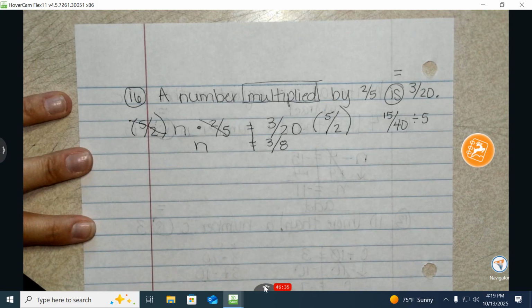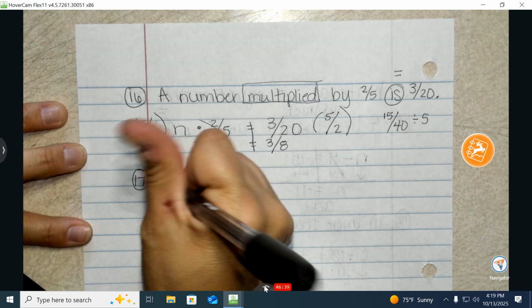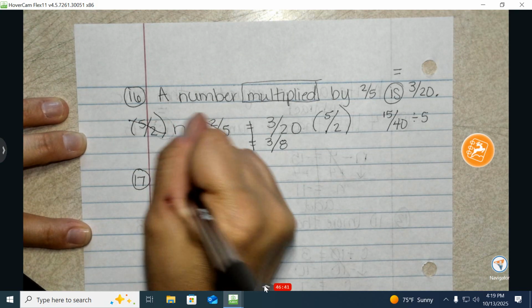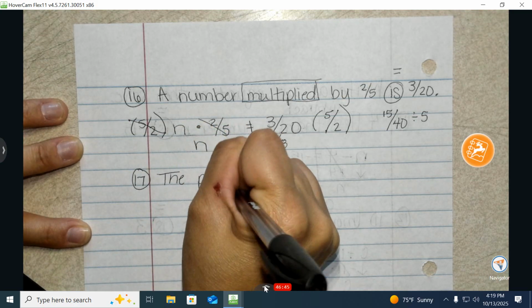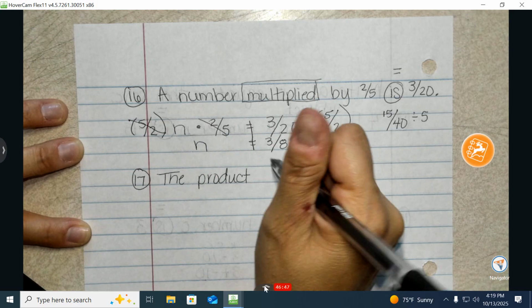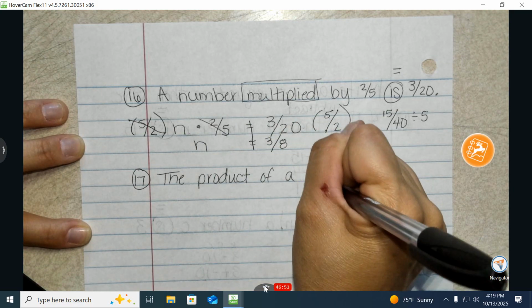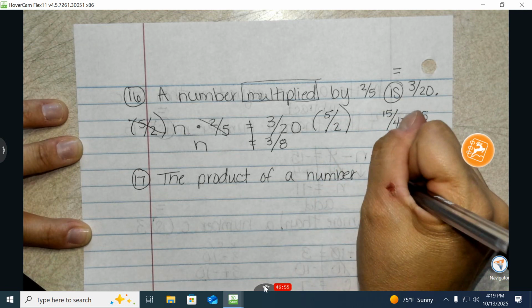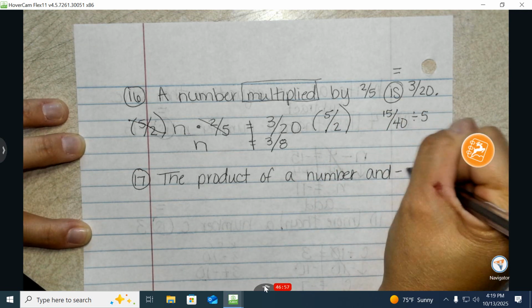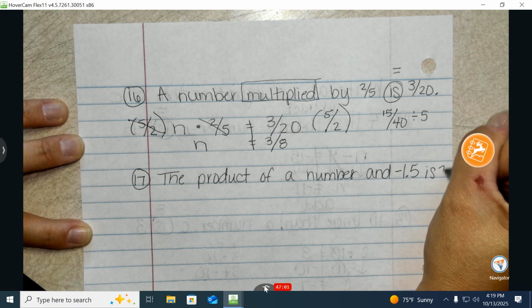And then the last one, number 17. The product of a number and negative 1.5 is 21.